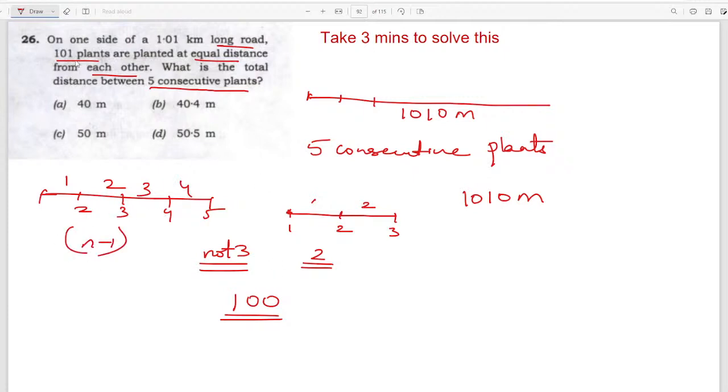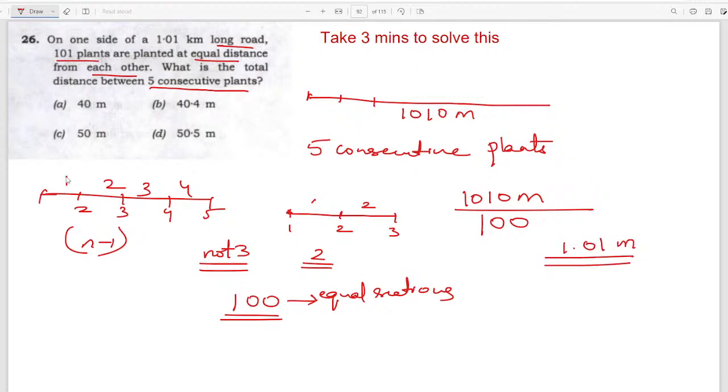So if 101 plants are planted at equal distance, then there will be 100 equal sections. So this 1010 meters is now divided by 100 sections, so each section would be 10.1 meters in length.